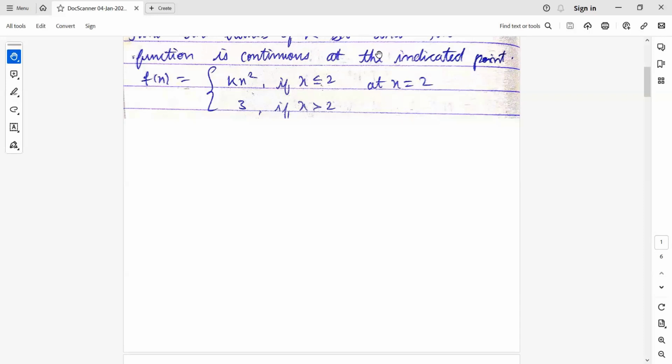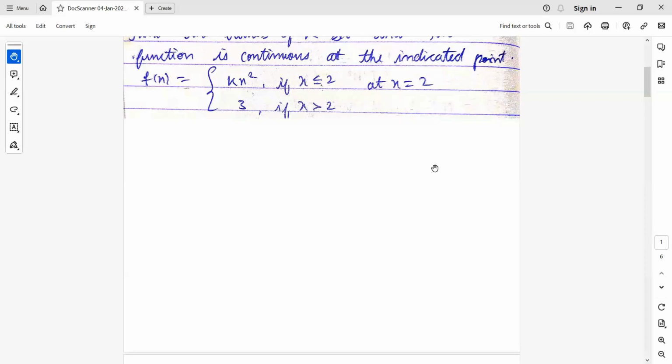Okay. So we need to discuss the continuity at 2. At 2 minus, and again 2 plus. When x is less than 2, it is kx square. At 2 also the value of the function is kx square, and greater than 2 it is 3.